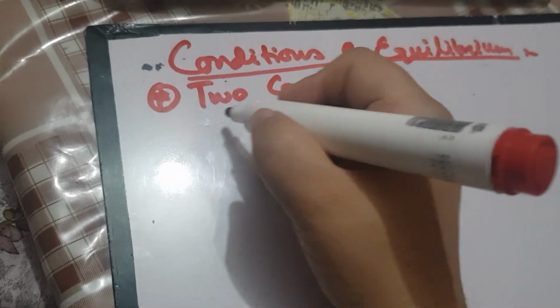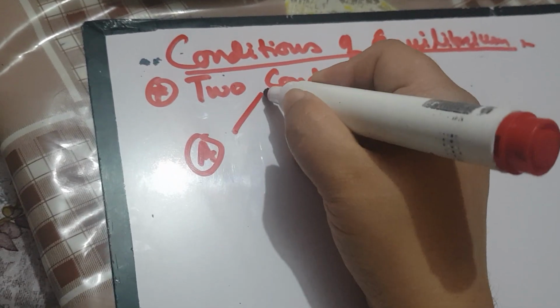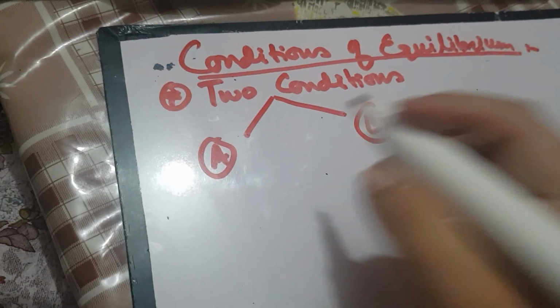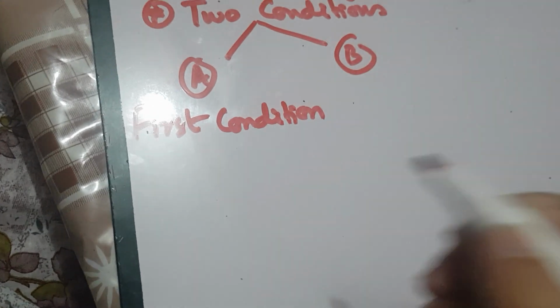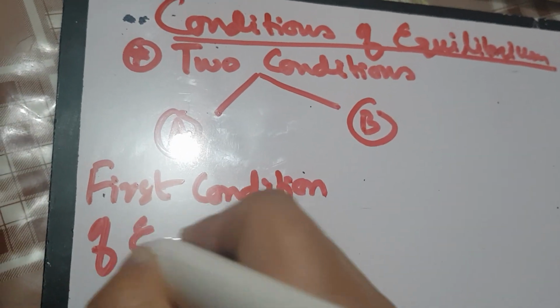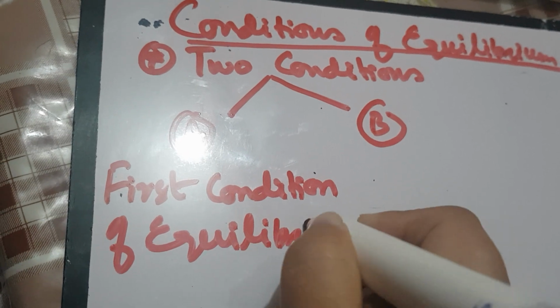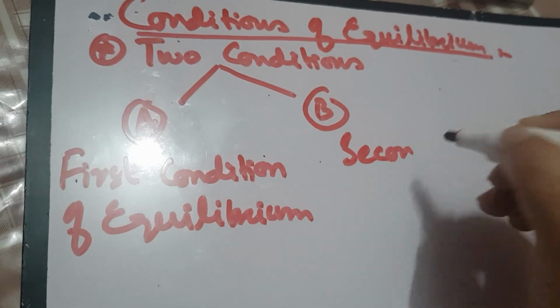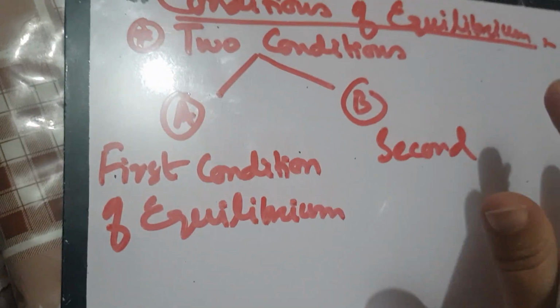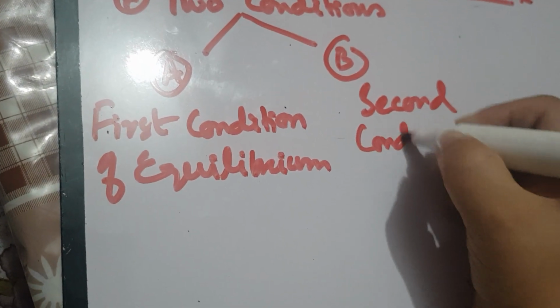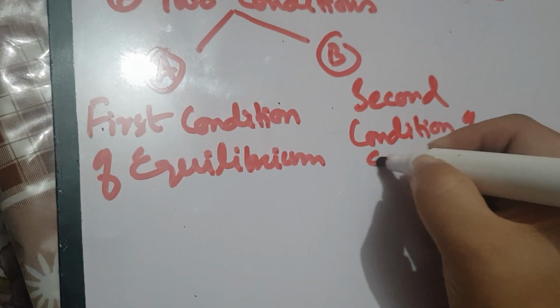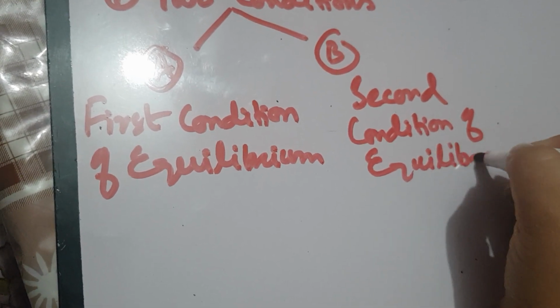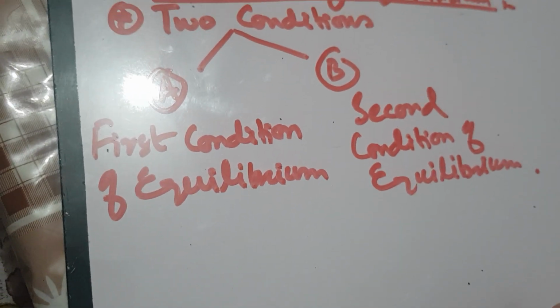You must have condition A and condition B. Condition A is known as the first condition of equilibrium. And condition B is the second. These are names. As it is, you have to write these names, right? Second condition of equilibrium. So these are two conditions for equilibrium.